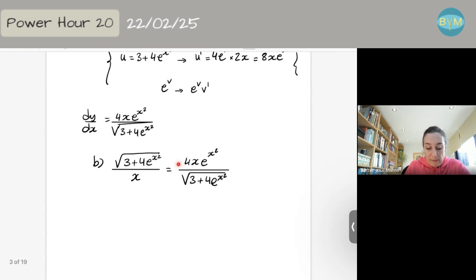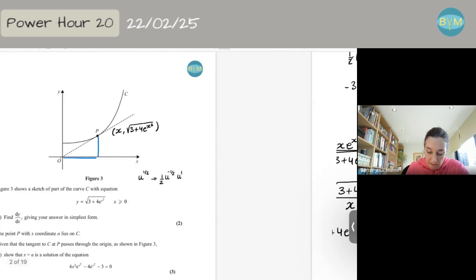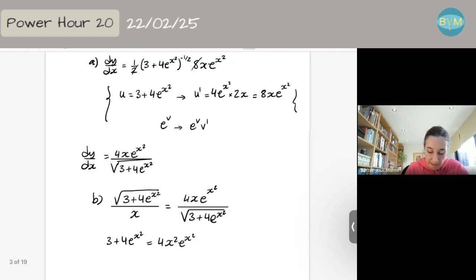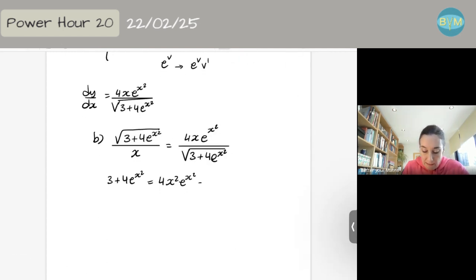I can cross multiply, so the root is gone, and I have 3 plus 4e^(x squared), and on the right I have 4x squared e to the power of x squared. If we look at this equation, it's the same, just everything on one side. So 4x squared e^(x squared) minus 4e^(x squared) minus 3 equals 0.